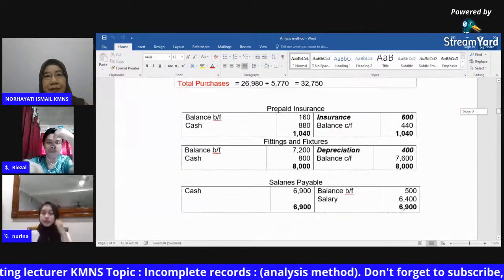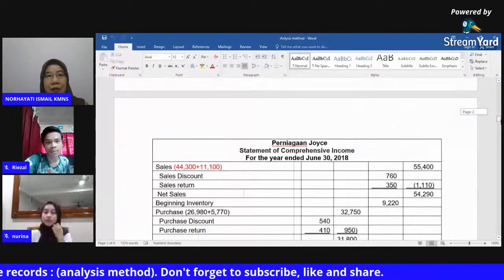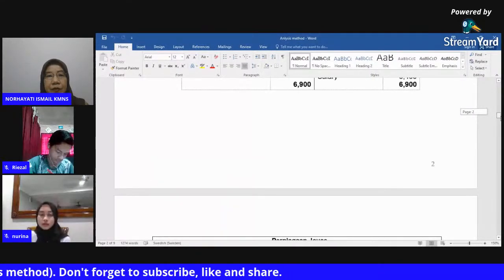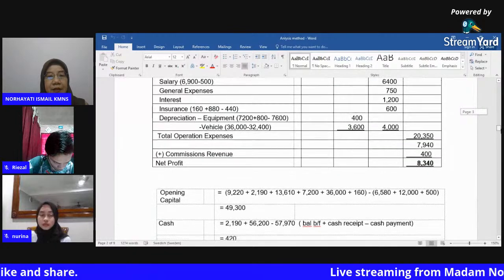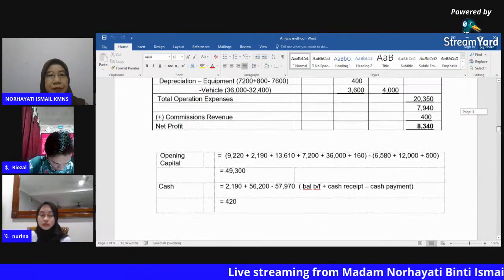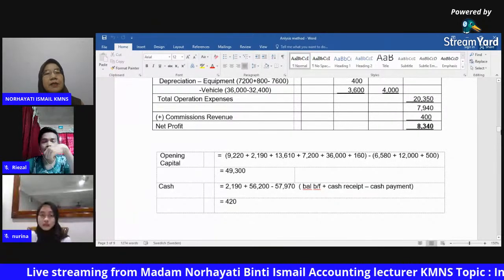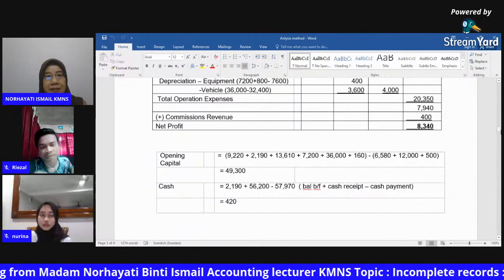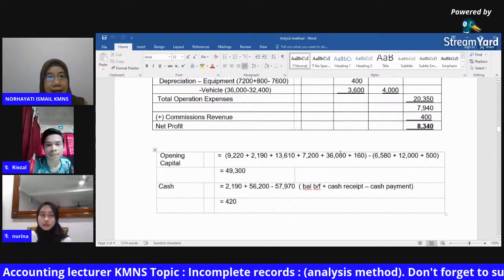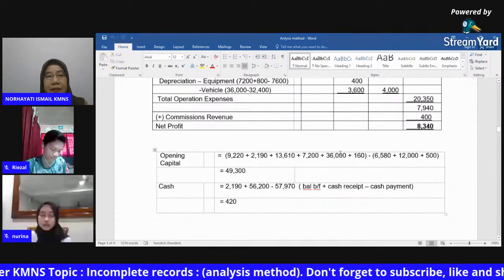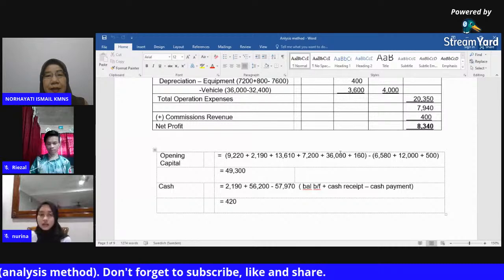Okay, we don't have the revenue adjustment. Now, before you prepare the comprehensive income, you must calculate the opening capital. Okay, I give you the formula. For opening capital, we must use the statement of affairs, where the list of assets, the beginning assets, less the list of liabilities.